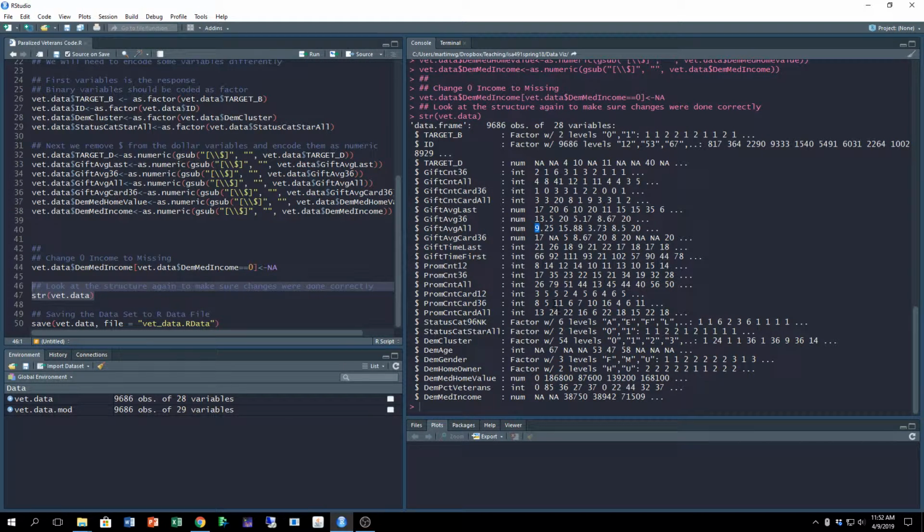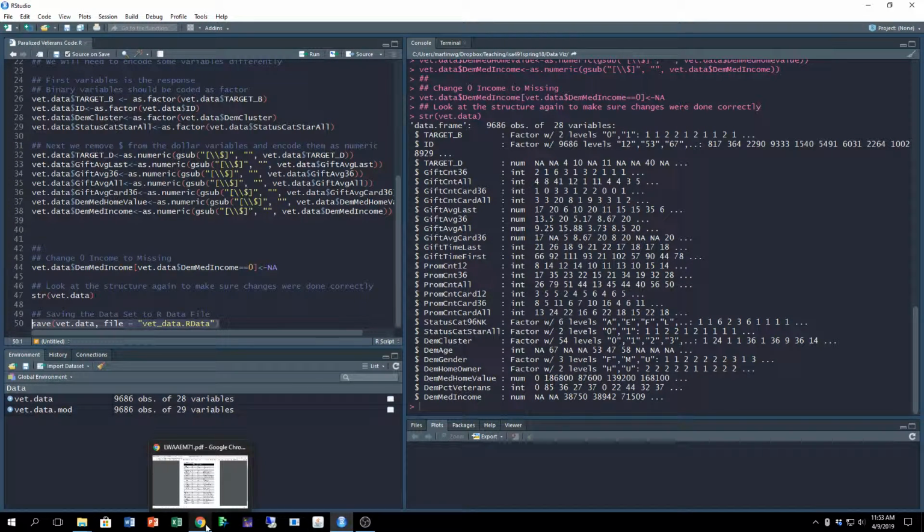At that time when we looked at this data set, there were some issues with some of you getting the data correctly coded. So what I ended up doing was saving this data set into an R data file, vet data dash one dot rdata.